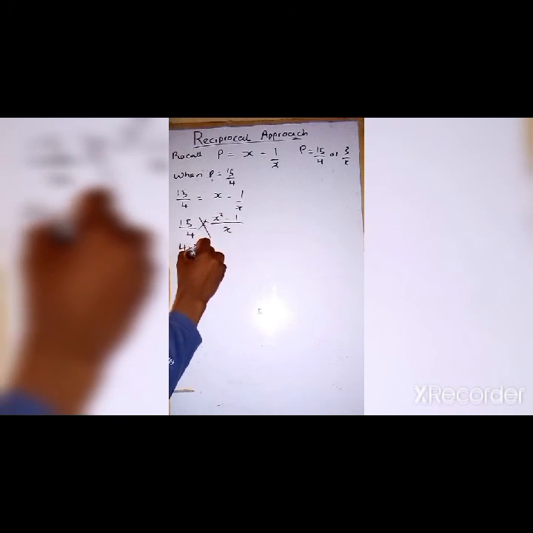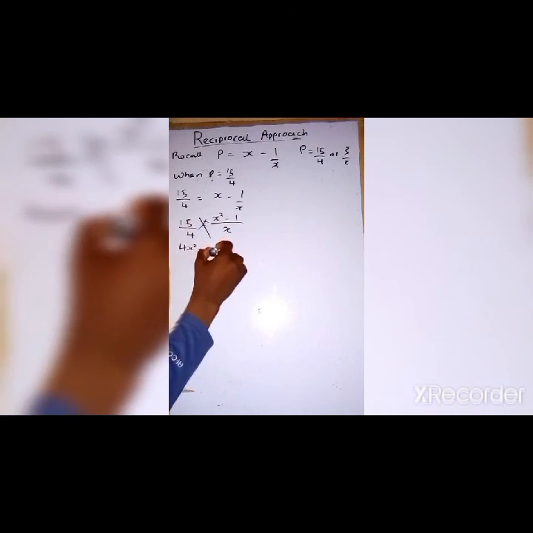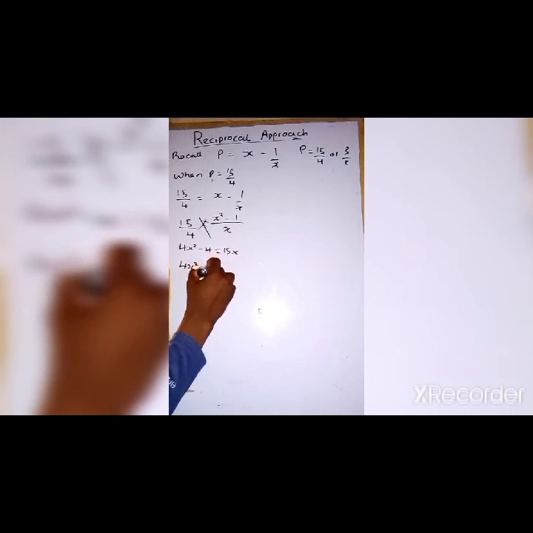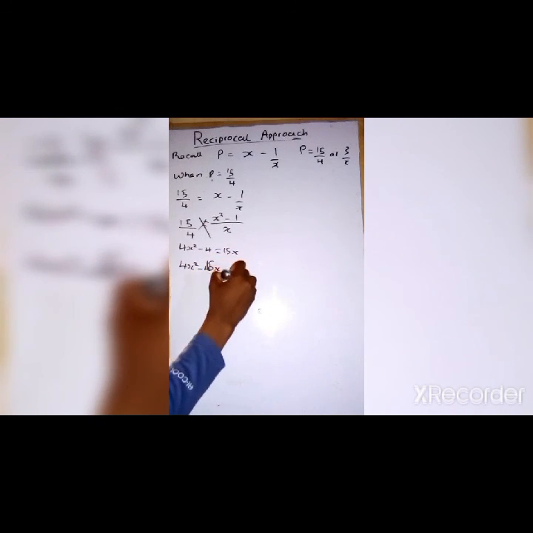Then we multiply here, we have 4x squared minus 4 equals 15x. We have 4x squared minus 15x minus 4.